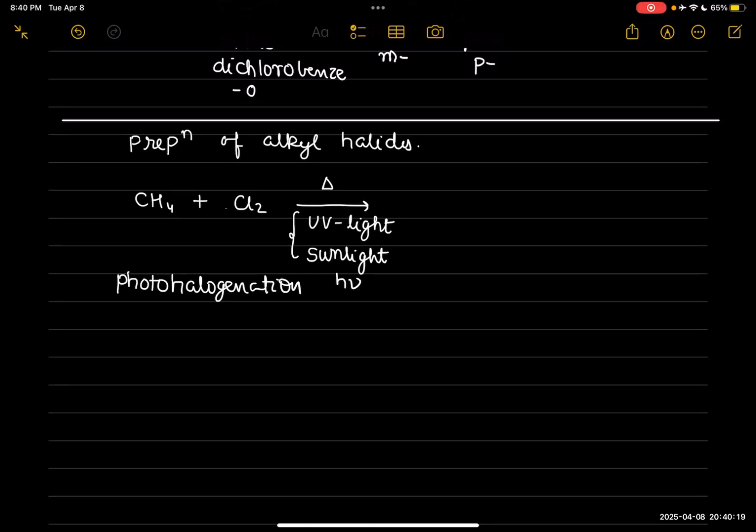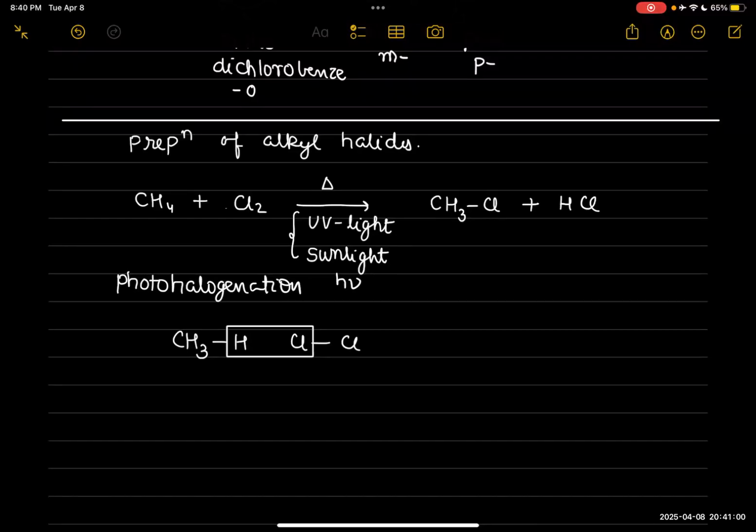So what happens here is you are providing energy, and what you need to do is very simple. This is the shortcut to carry out the reaction. You remove HCl, you break H and Cl, then these two bonds will connect. Remove HCl and connect them together.